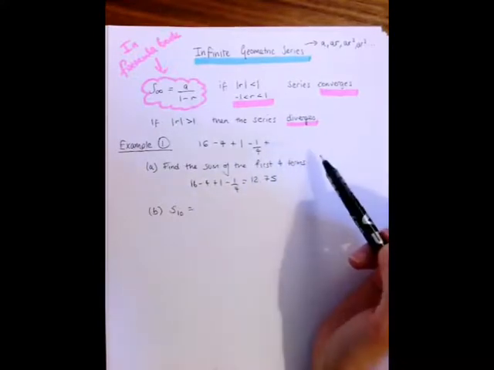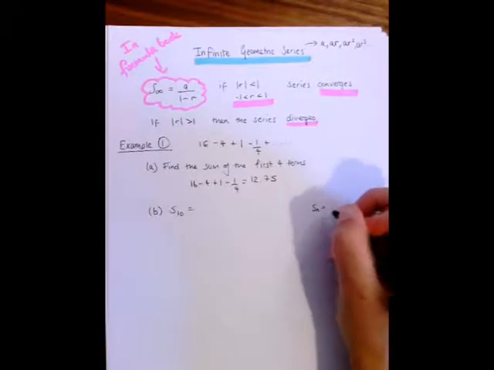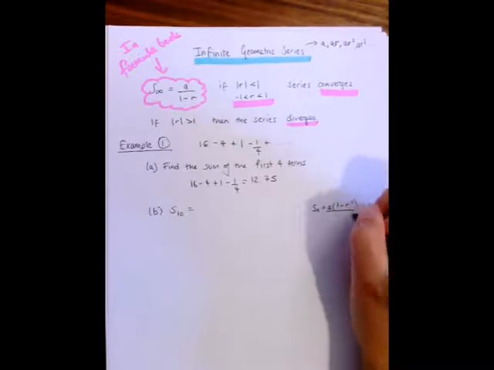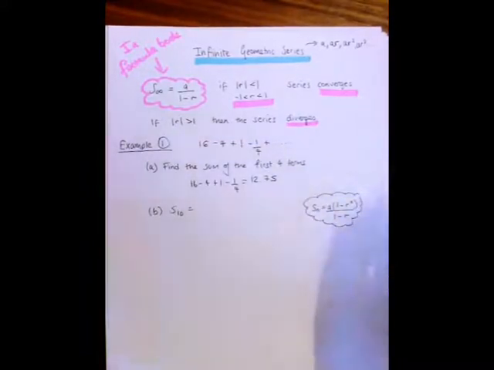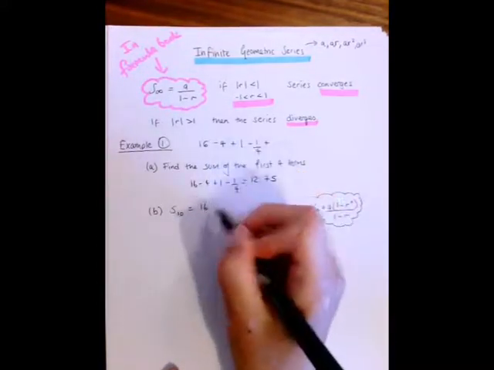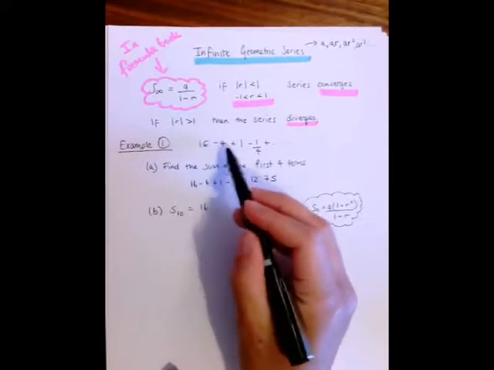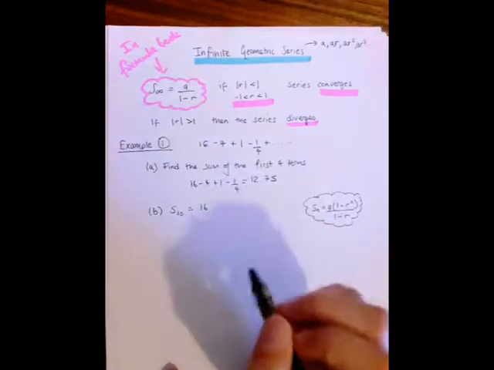So since r is less than 1, we're going to use this formula, a(1 - r^n) over 1 - r, and we learnt that last time. The a is the first term, which is 16, and the r you can see is -1/4, because they're dividing by 4 each time and the sign is changing.